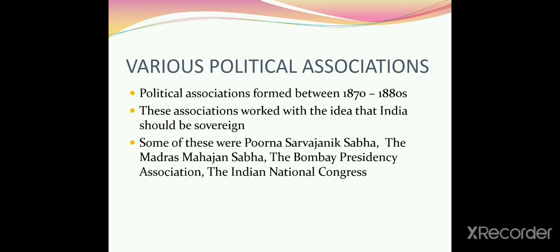Most of these were led by English educated professionals such as lawyers. The more important ones were the Pune Sarvajanik Sabha, the Indian Association, the Madras Mahajan Sabha, the Bombay Presidency Association, and of course the Indian National Congress.